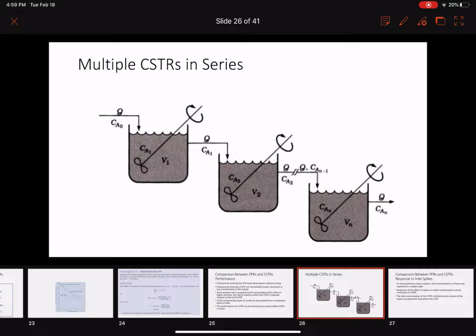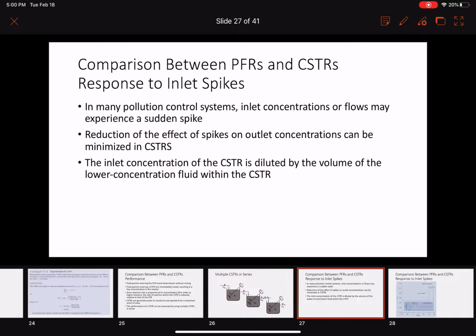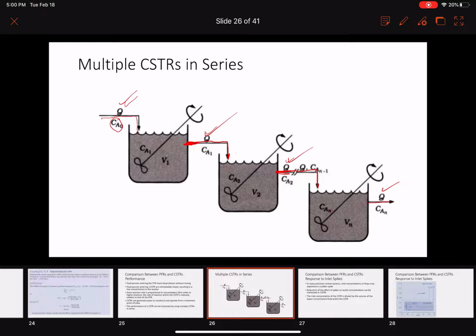The flow out is the same as the flow in, and the same through the third one, so Q equals Q equals Q equals Q. Now, C initial, let's say A. C out from the first is going to be the in for the second, and C out from the second is the in for the third, and C out from the third is the final.